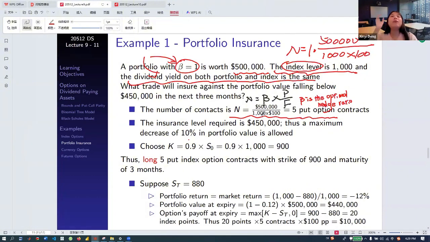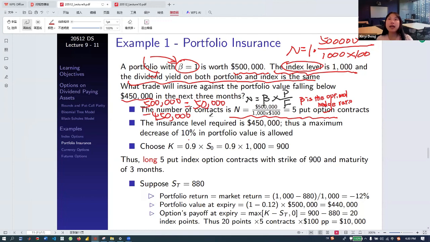Here, we know that the insurance level required is $450,000, meaning that the maximum loss we can bear is 500,000 minus 450,000, which is equal to 50,000.